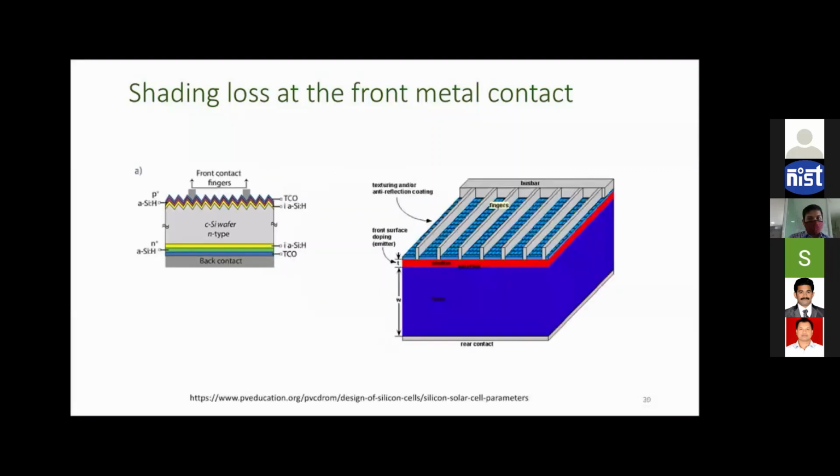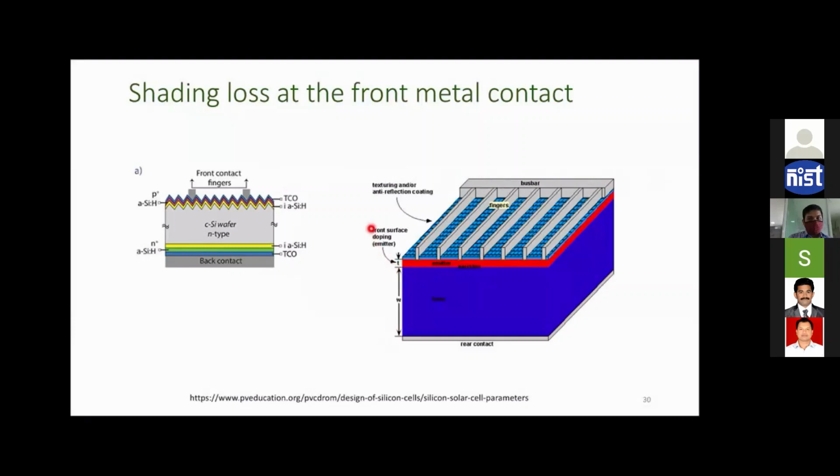So if you look closely, in crystalline silicon, at the front side you are having some metal finger contacts. These are the metal fingers to collect the charge carriers from your semiconductor to the outside circuit.